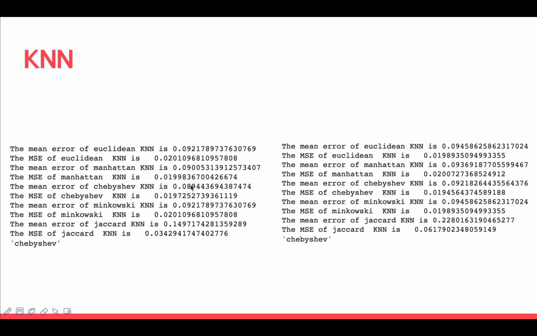First we need to know that KNN has a lot of parameters to calculate the distance, so we need to find which one to use. This is for the ITM and this is for the OTM. We can see for the ITM the best method is this one, and similarly for the OTM. For this method, the MSE is the smallest.